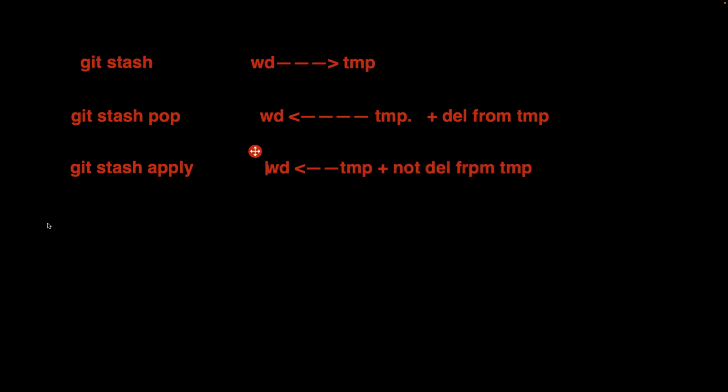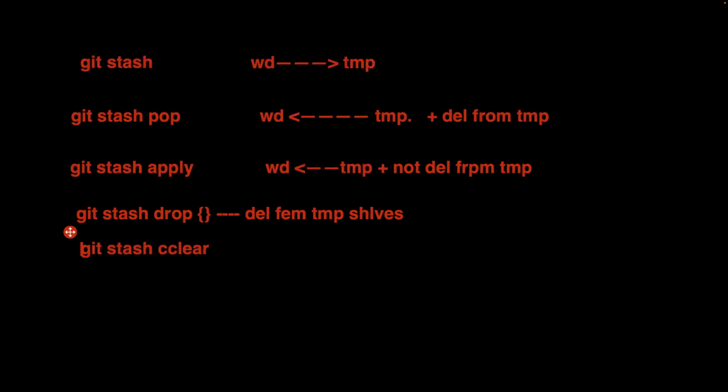And then what else you have? You have git stash drop. Git stash drop with that particular stash number deletes it from the temporary shelves. Only that particular stash. Whereas git stash clear will delete all the stashes.